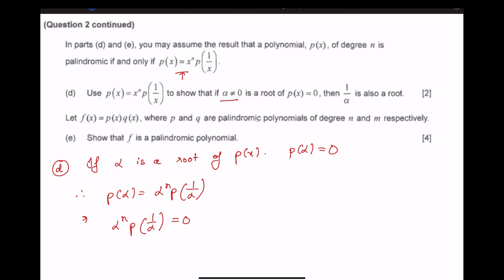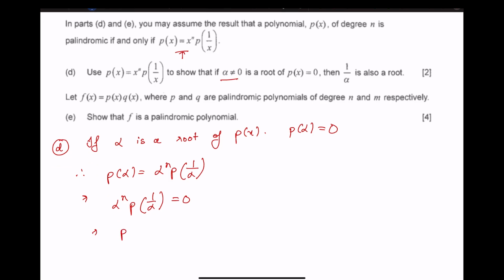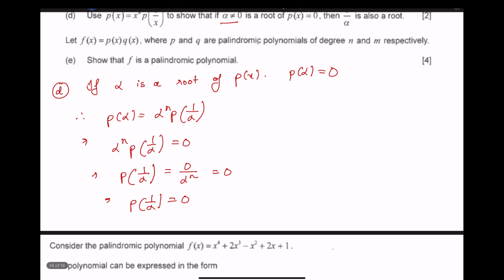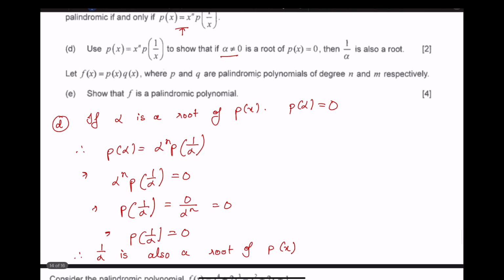Now alpha is not equal to 0, so I can divide both sides by alpha to the power n, which will give me p of 1 by alpha as 0 by alpha to the power n, which is 0 basically. So p of 1 by alpha is equal to 0. This is possible when 1 by alpha is a root of p(x), so therefore 1 by alpha is also a root of p(x). That's our part D.